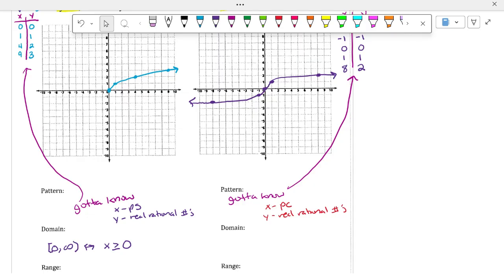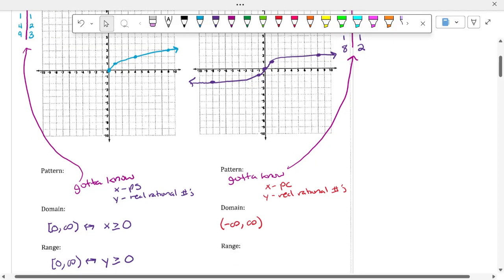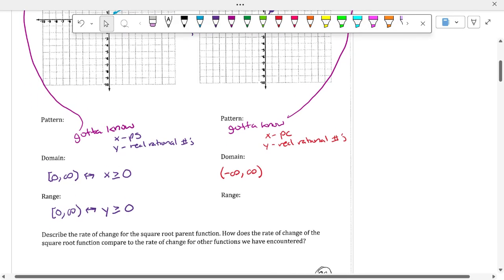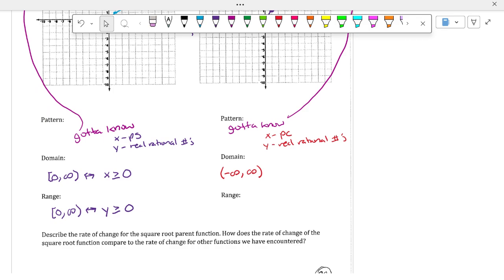So, what's the domain of this function? Negative infinity to positive infinity. So what's the other way to state that? So if we're going from negative infinity to positive infinity, what's the other way to state it? All real numbers. So you can either write the interval notation or you can draw the R with a line through it.